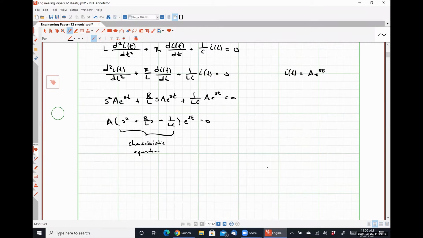So from my characteristic equation, I can determine the eigenvalues of my system.